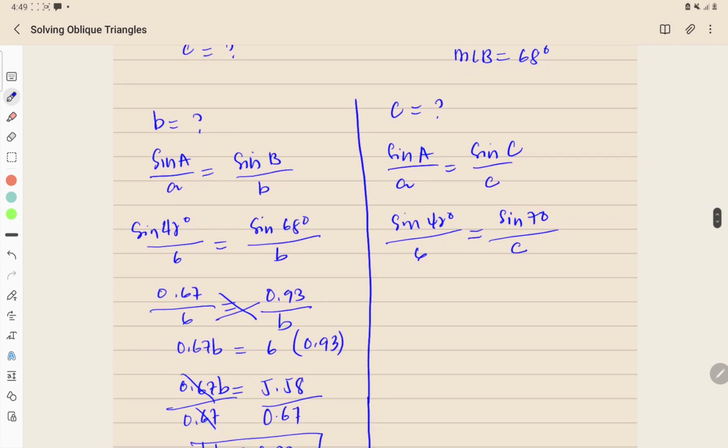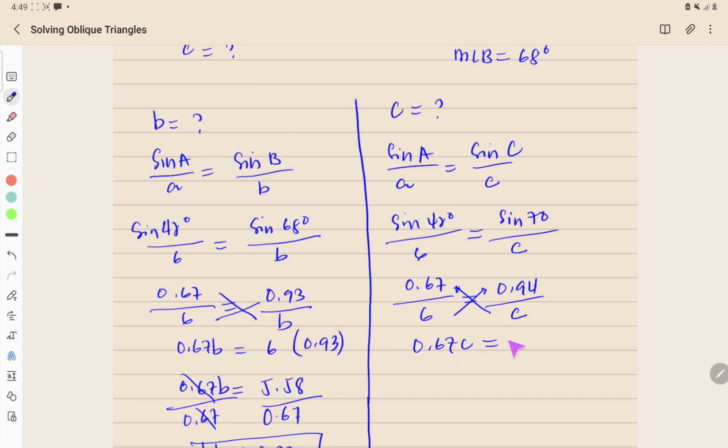Sine 42 is 0.67 over 6 is equal to sine 70, which is 0.94 over c. So you have to cross multiply.